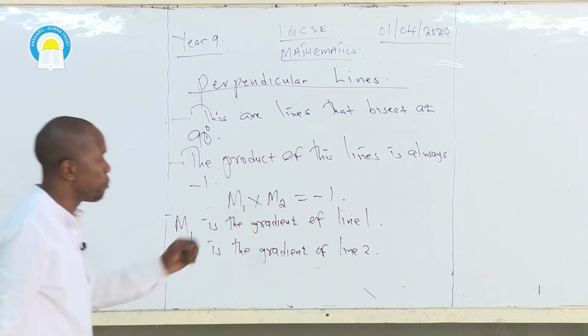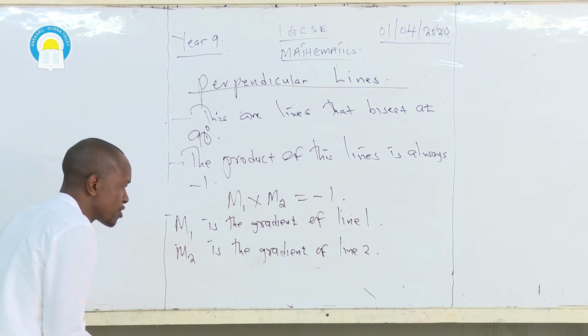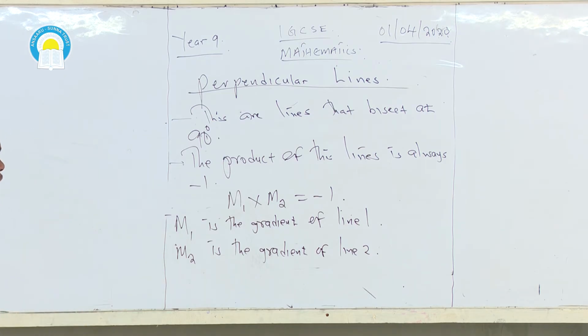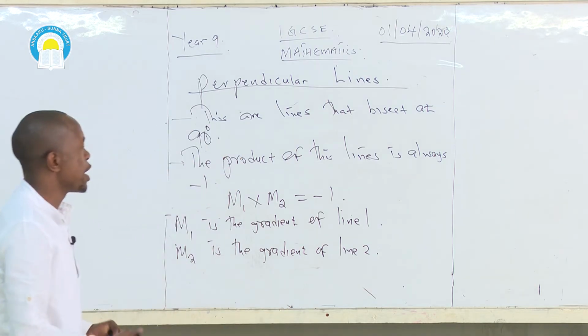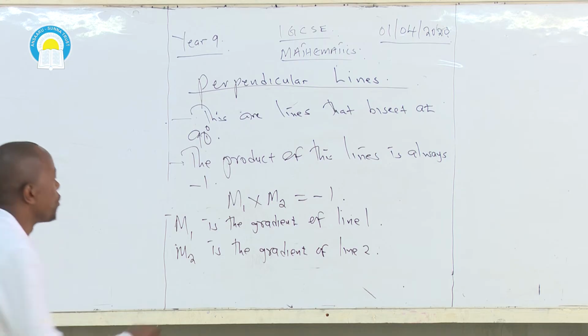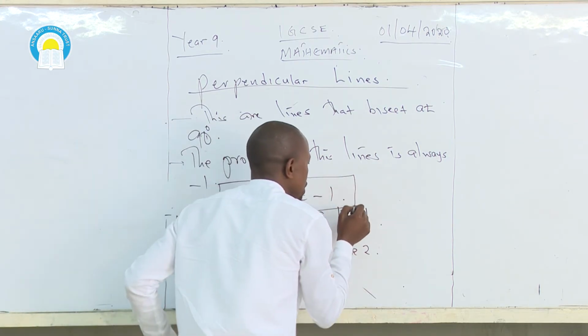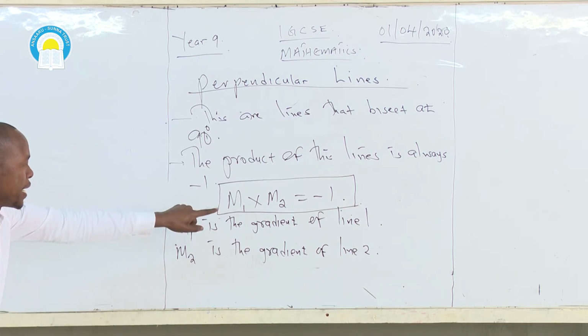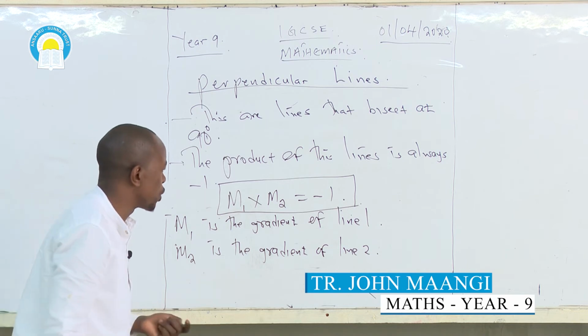From the given pair of equations, there must be 2 equations, and then you will be asked to determine if the pair of equations that you are provided with are perpendicular lines. Now, this is the tool that you need to use in determining whether the pair of equations are perpendicular lines.